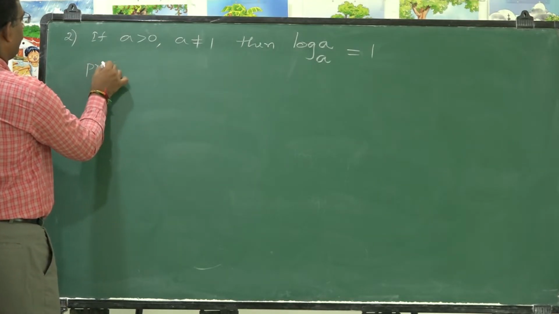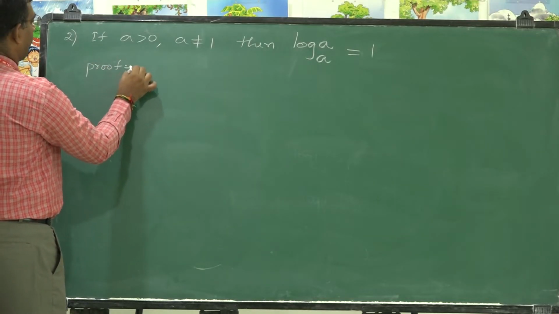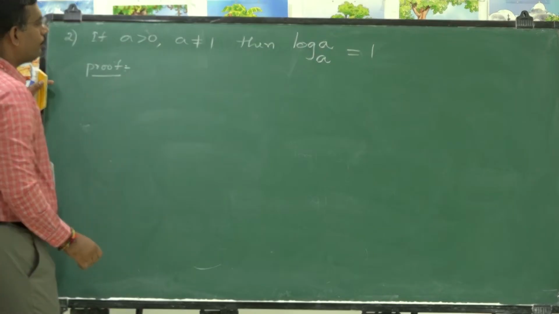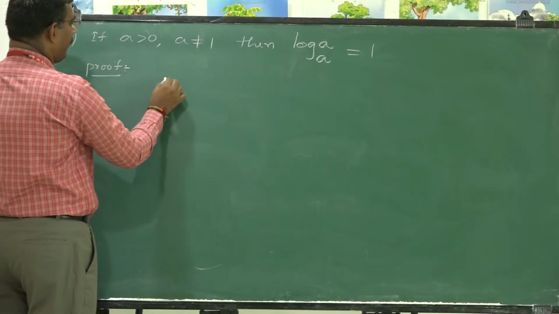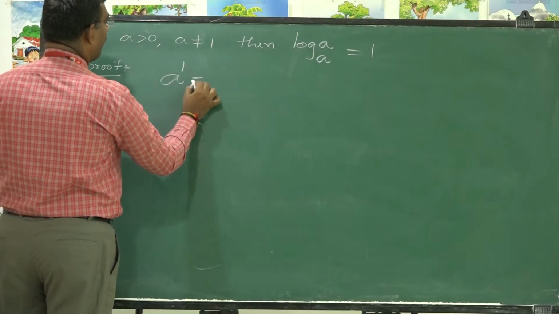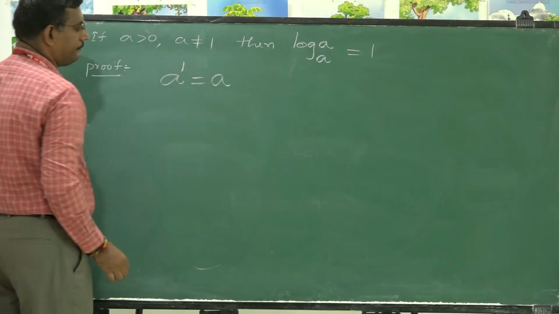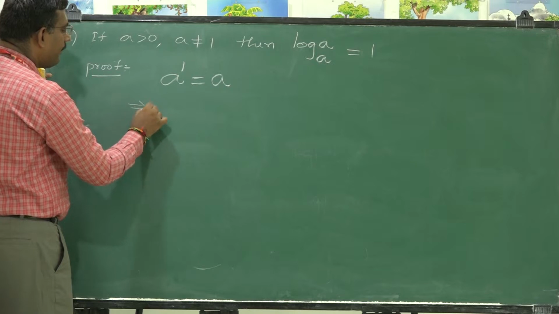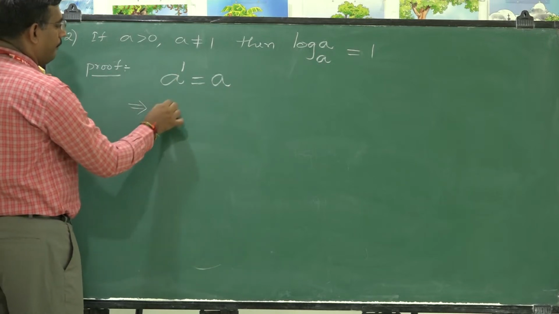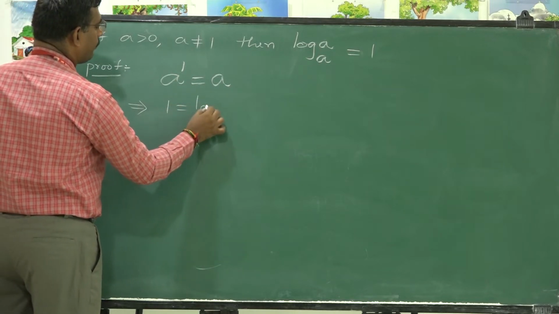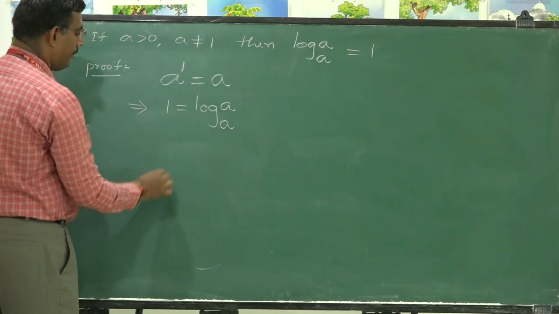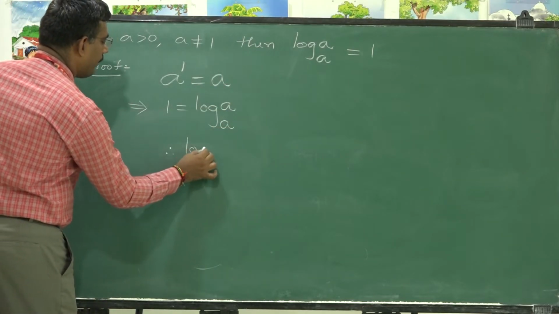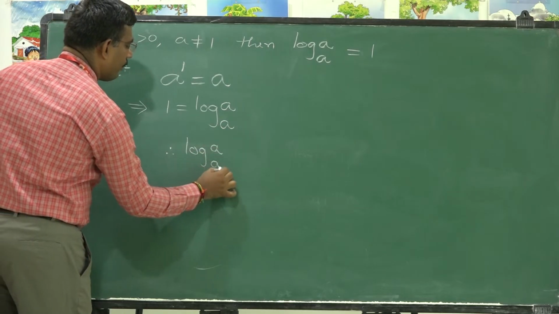Proof. We know that if a is greater than 0 and a is not equal to 1, a power 1 is equal to a. Now we convert this exponent form into logarithmic form. 1 is equal to logarithm of a to the base a. Therefore, log a base a is equal to 1.